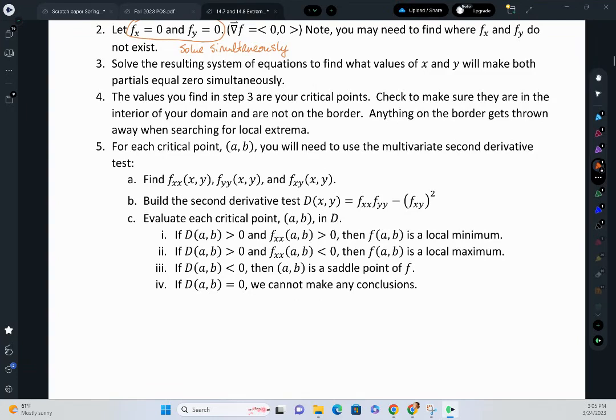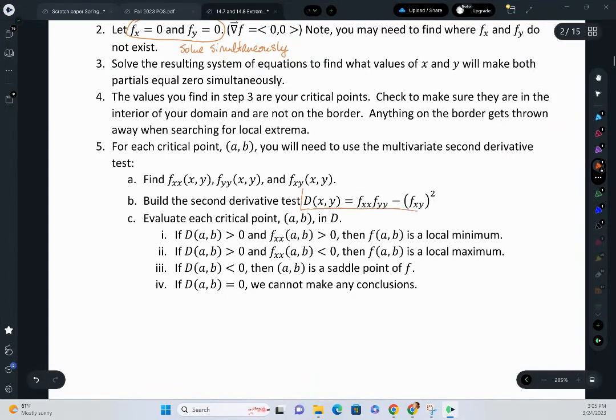In Calc 1, the second derivative test was about evaluating our second derivative at our critical points and seeing what sign we get. That gave us information about whether we are dealing with a max or a min. The second derivative test here is a bit more complicated.